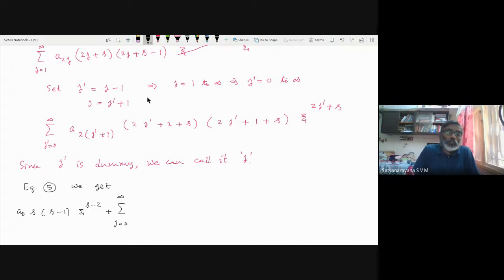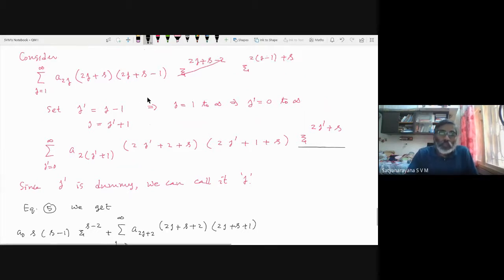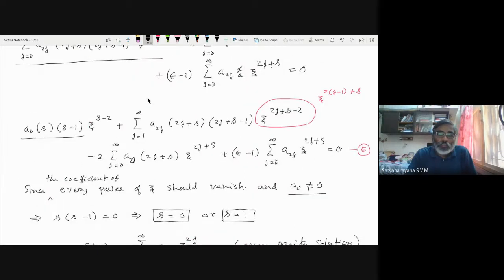So this term is, in all cases, what we have. And I have a 2j plus 2 into 2j plus s plus 2 into 2j plus s plus 1. Okay, so the coefficient is anyway xi to the power 2j plus s. So that is common in all terms, as you can see.